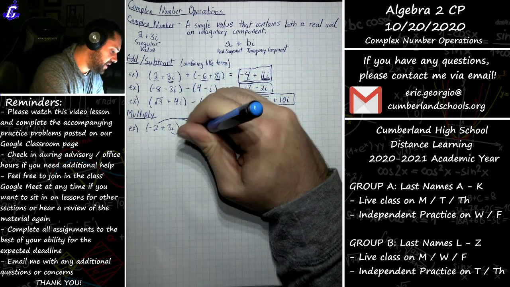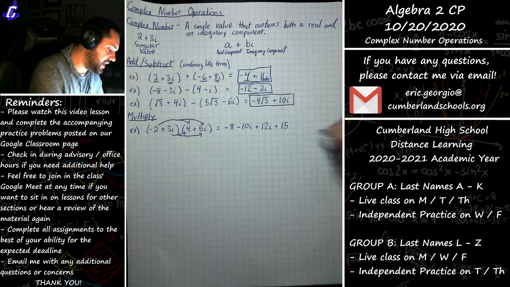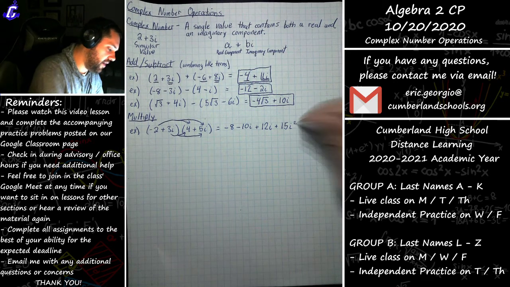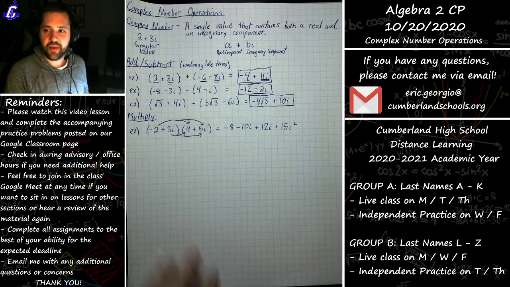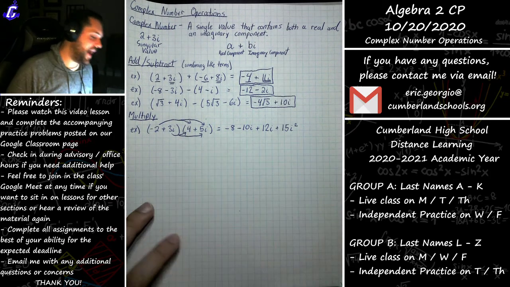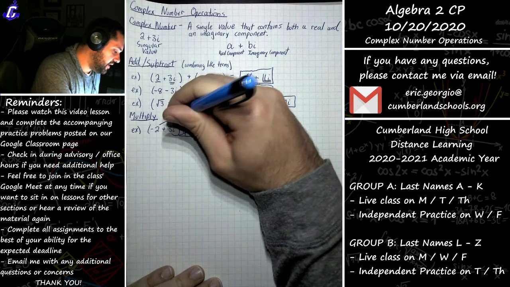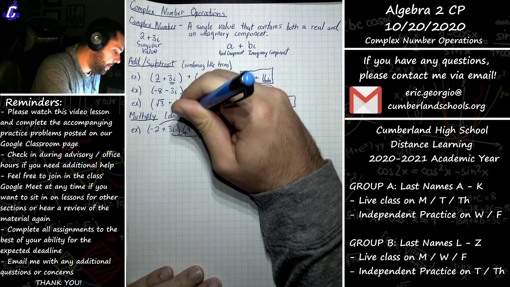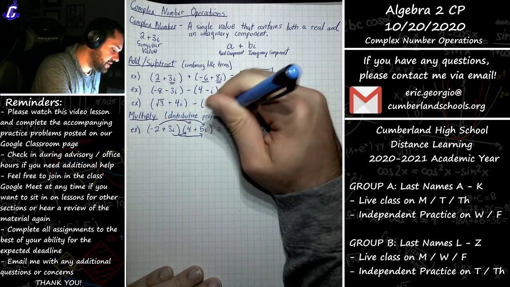And last, 3i times 5i is going to be, careful, plus 15i squared, because i times i would make i squared. Okay? So just like how adding and subtracting is combining like terms, we would say that multiplying is like the distributive property, where we're just doing our first, outer, inner, last.